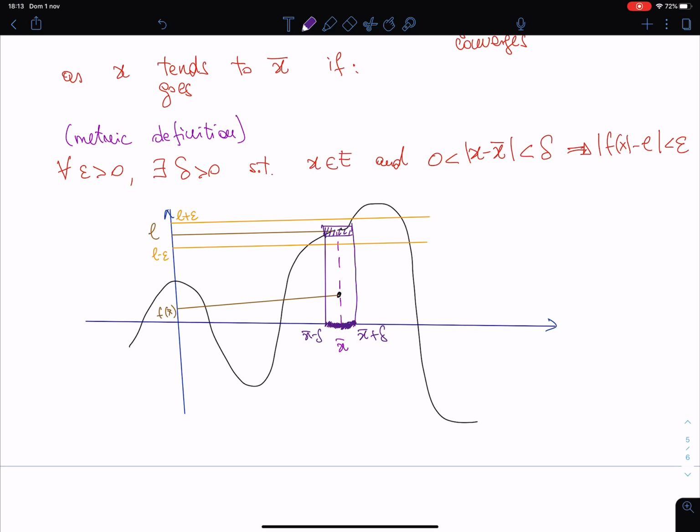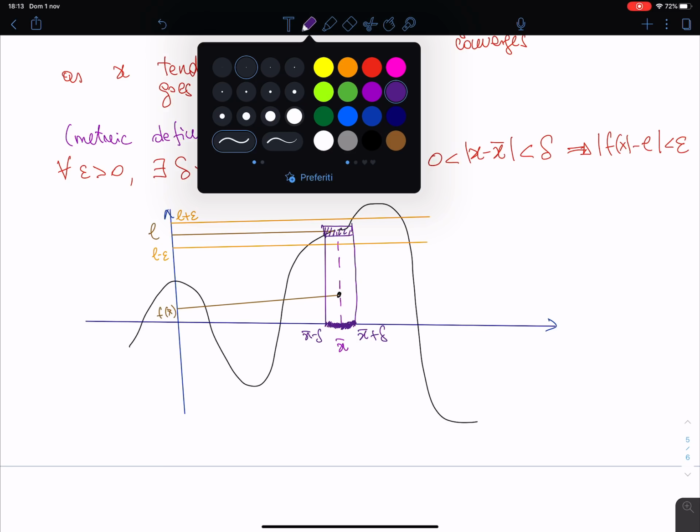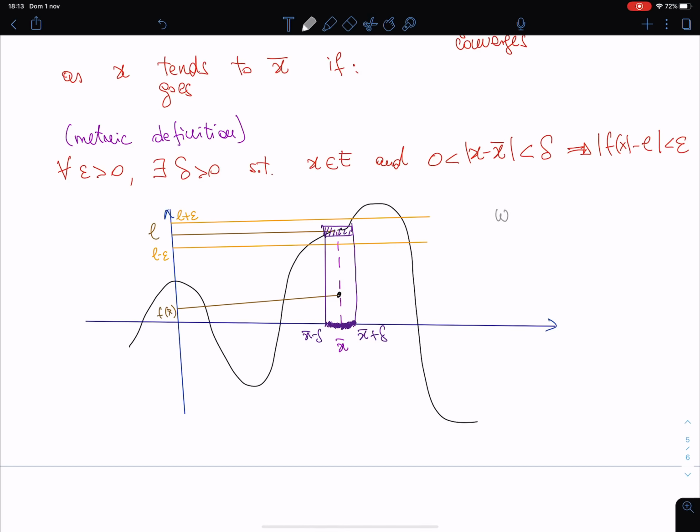First, a remark. And I write here a small box. The remark says, what is the role of f of x bar here? The answer is extremely simple. F of x bar has no role at all. At the point that it could also not exist. So the function f could not be defined at x bar.